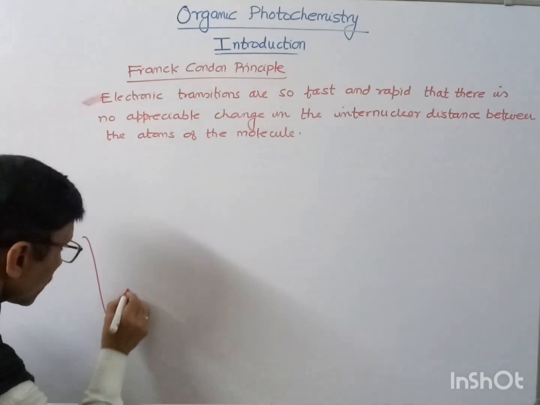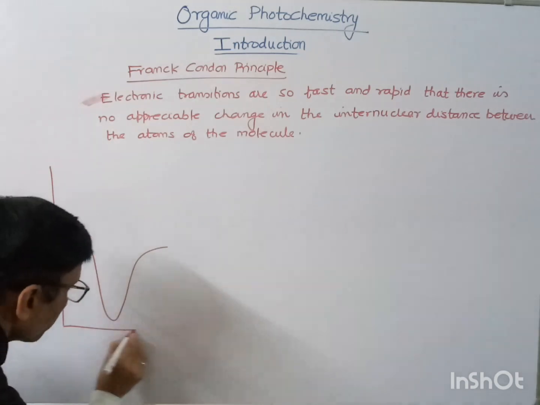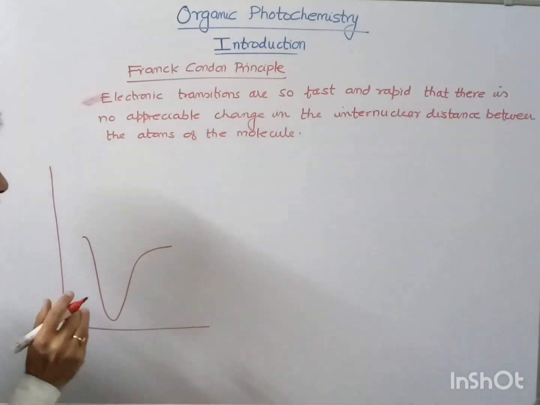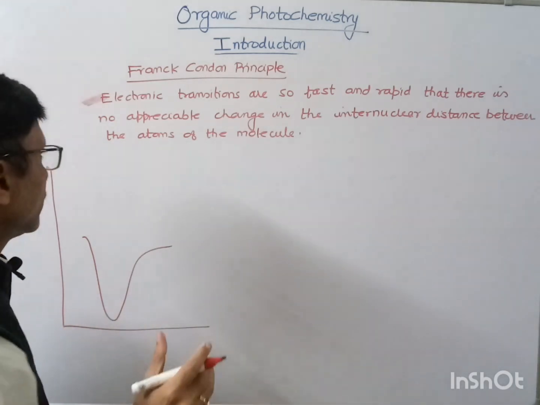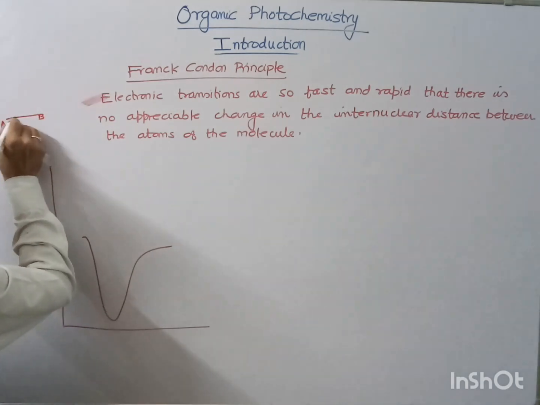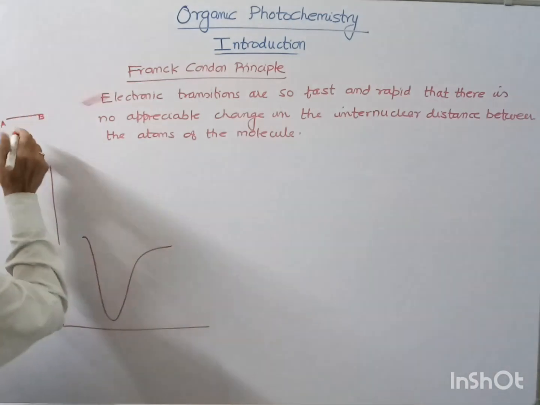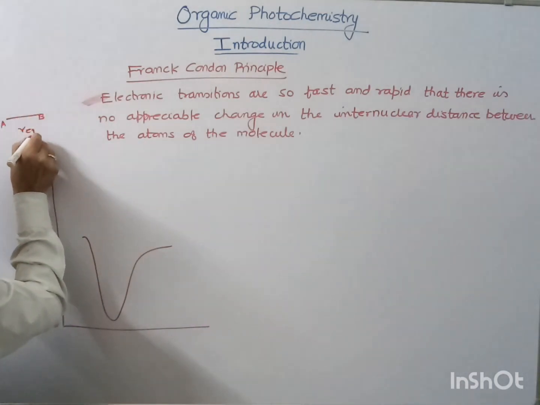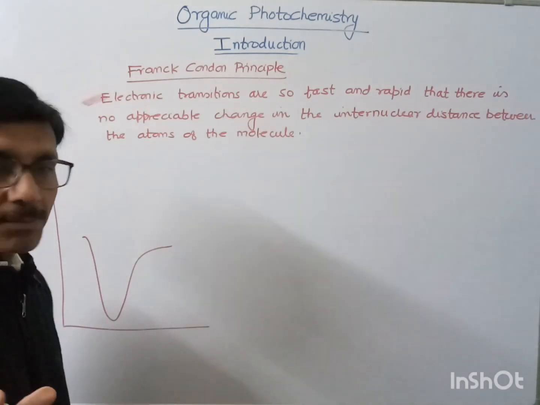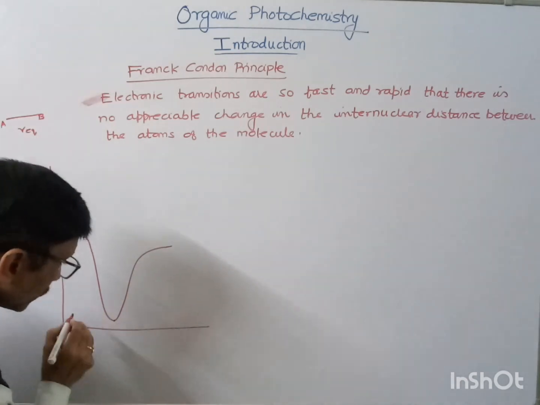Suppose this is our curve, and we have a molecule A and B. The internuclear distance between the atoms is R equivalent, and when the molecule is in stable form it lies over here.